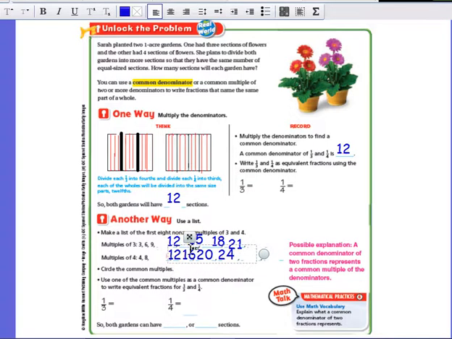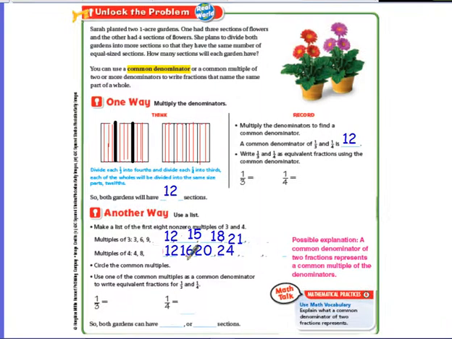Now if you look at your multiples, you find the one that matches up first in your multiples. And I see that 12 matches up with both my 3 multiples and my 4 multiples. Circle the common multiple, which is 12.